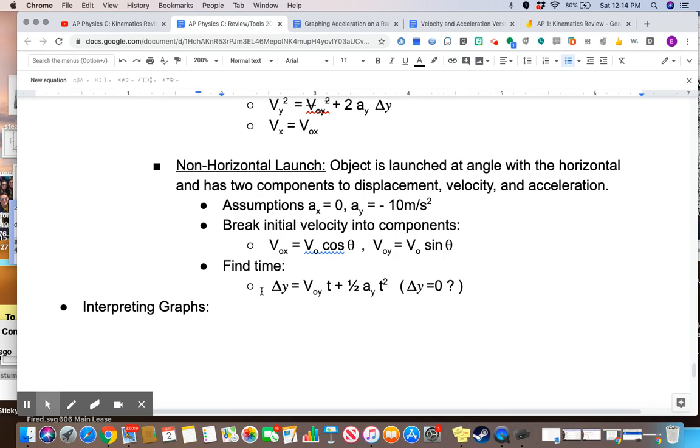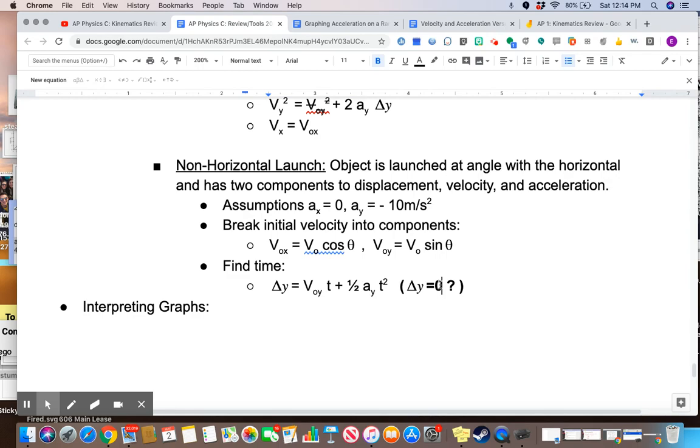So we use the height equation, delta y equals V0y times t plus 1/2 a in the y times t squared. It makes it easier if the object starts and lands at the same height. If it does, then the delta y value is 0, and this equation becomes easy to solve. If the object does not start and end at the same height, plug it into your calculator and use solver.